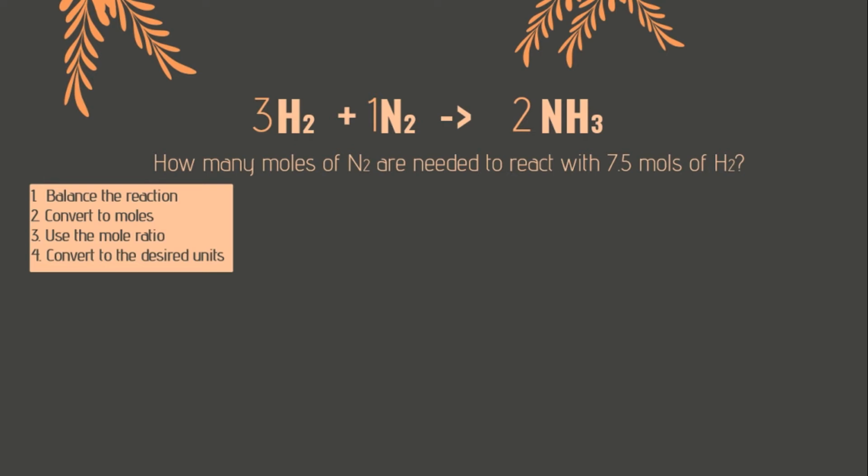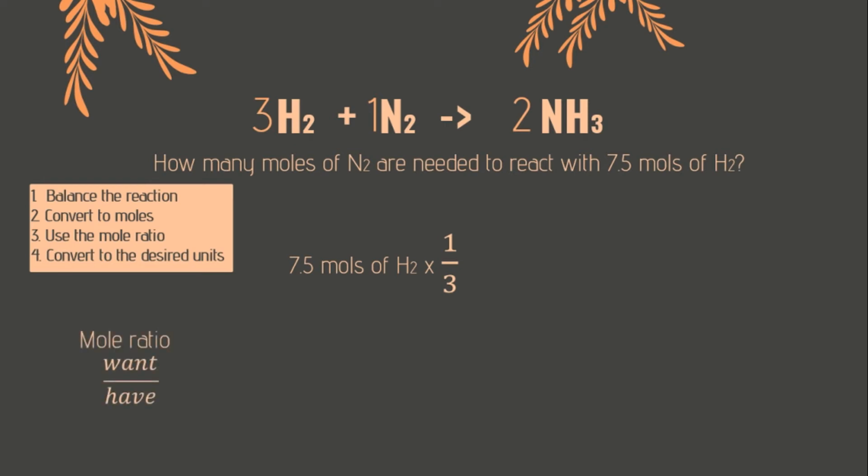Next, we use the coefficient ratio of 3 hydrogens to 1 nitrogen to determine the answer. The amount given in the problem is 7.5 moles of hydrogen, and we multiply that by a fraction that represents the coefficient ratio, the 1 nitrogen to 3 hydrogen ratio.